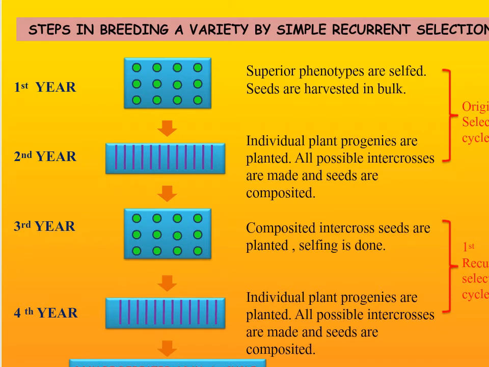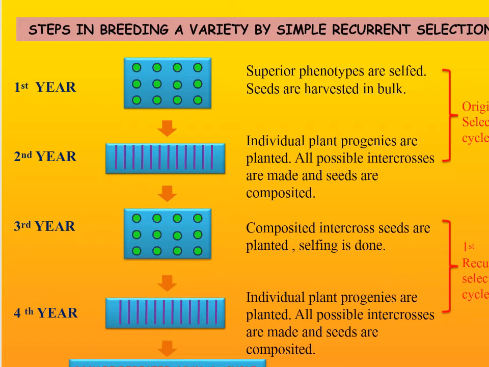Steps in breeding a variety by simple recurrent selection. This is the process of simple recurrent selection. Select superior phenotypic plants, and seeds are harvested in bulk in the first year. In the second year, individual plant progenies are planted. All possible intercrosses are made and seeds are composited. Third year, composited intercross seed is planted.